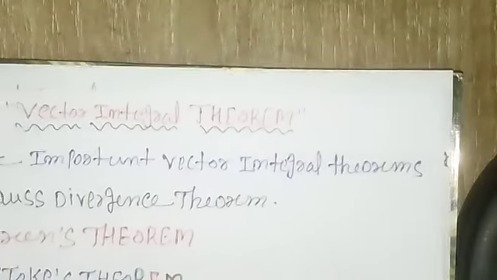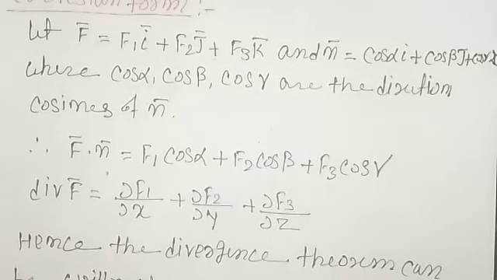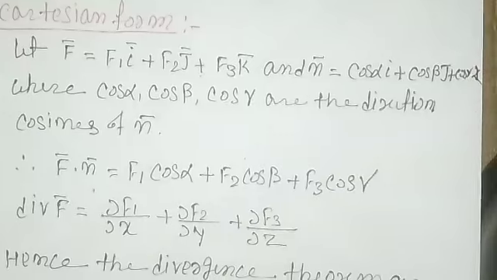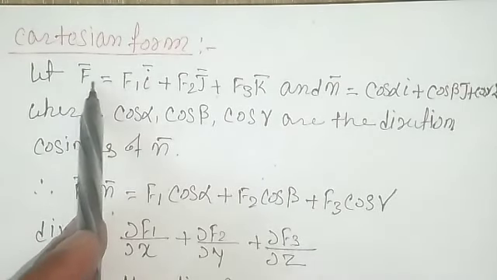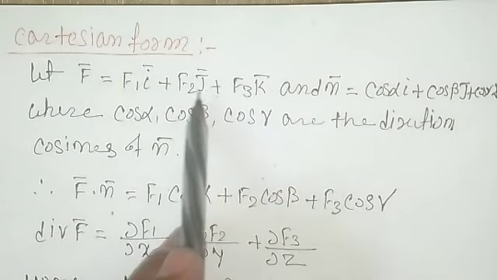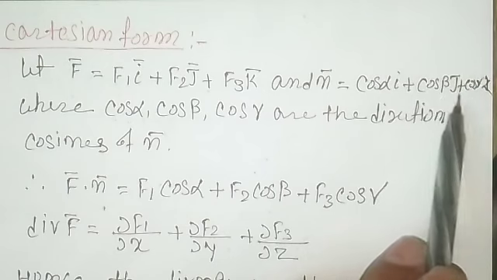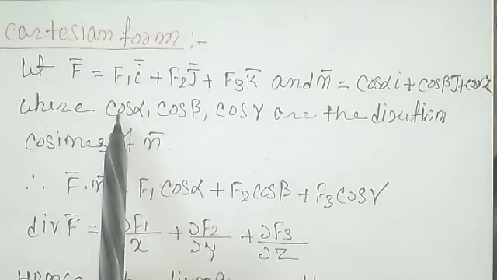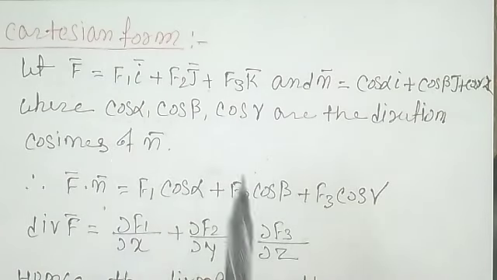First of all, we have to write down this LHS in the Cartesian system, whenever we deal with the divergence theorem. The Cartesian form is: let f equal f1 i plus f2 j plus f3 k, and n is cos alpha i plus cos beta j plus cos gamma k, where cos alpha, cos beta and cos gamma are the direction cosines of n.